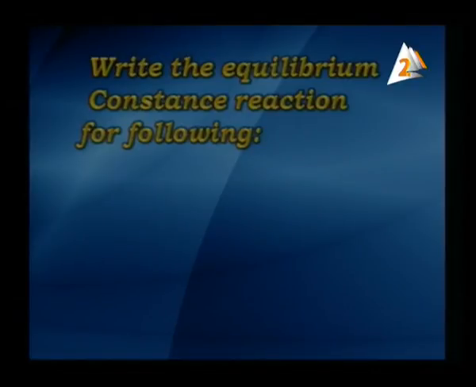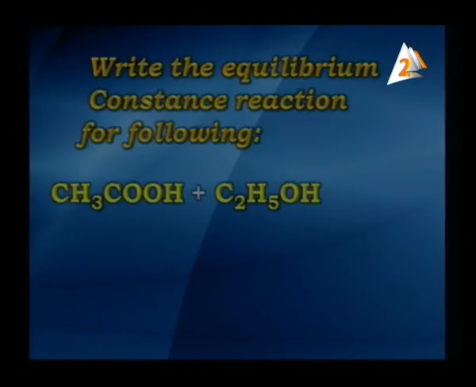It's good to answer this. Write the equilibrium constant for the reaction of the following. My lover, concentrate all the time on the equation. You have acetic acid, CH3COOH, plus C2H5OH, ethanol. This is a reversible reaction.